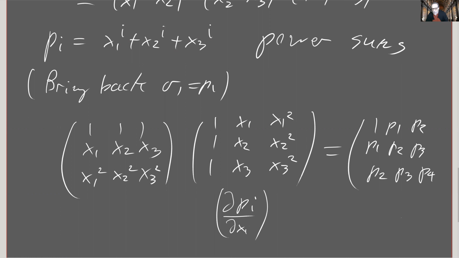Oh yeah, there's numbers there. I really should scale everything. Do you mind if I'm off by scalars? The top left entry is a 3, since 1 plus 1 plus 1 is 3. Yeah, you're absolutely right.